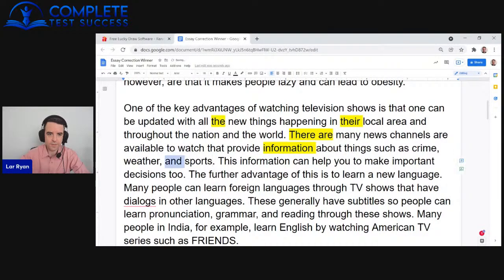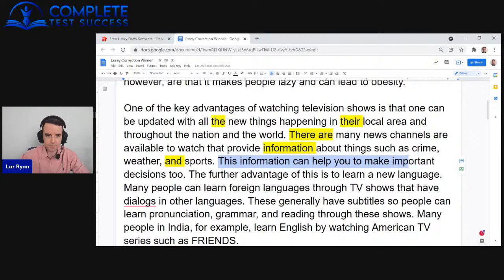So I'm going to remove etc. So what we have here is a list of the types of things, the types of information, and the reader knows this isn't every single possible type of information. It's just examples to help me understand. So remove etc. and just stop, 2 or 3 examples and stop the sentence.